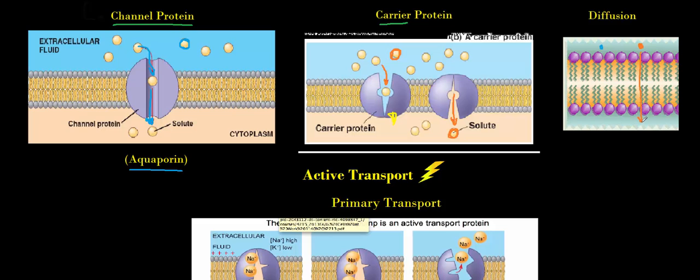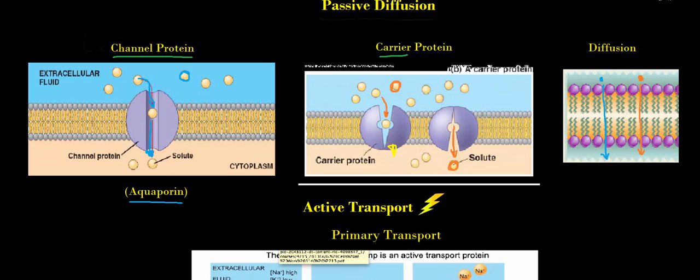So they aren't even going to need the help of facilitated diffusion. But most of the time, they will be sticking to facilitated diffusion and will use proteins as their main way of getting across the cell membrane.